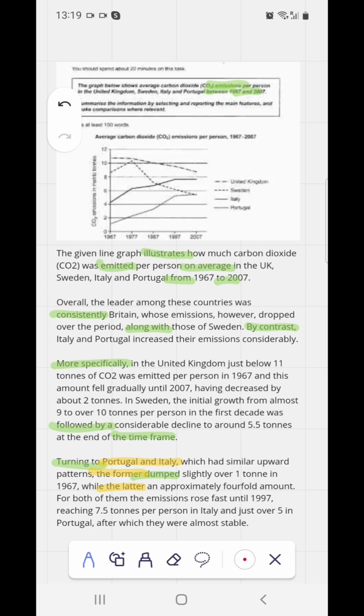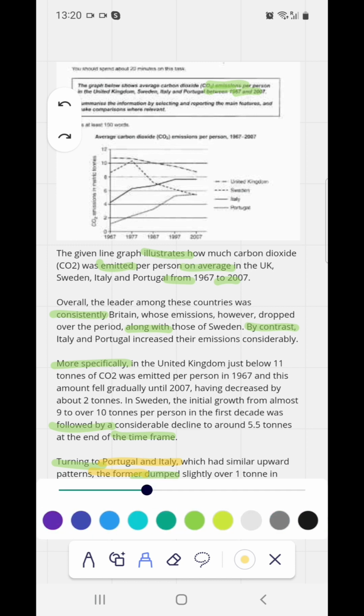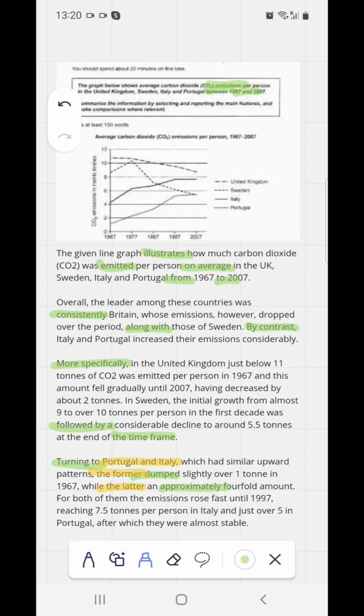So the former is Portugal here and the latter Italy. Okay, so then approximately fourfold amount, everything is useful.